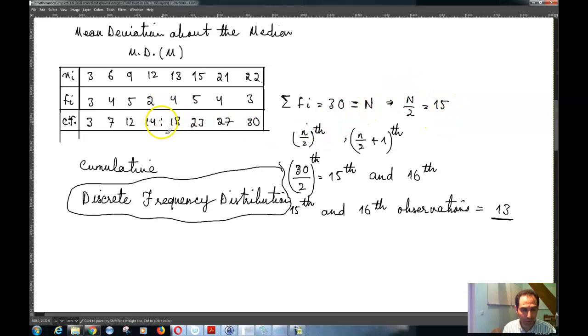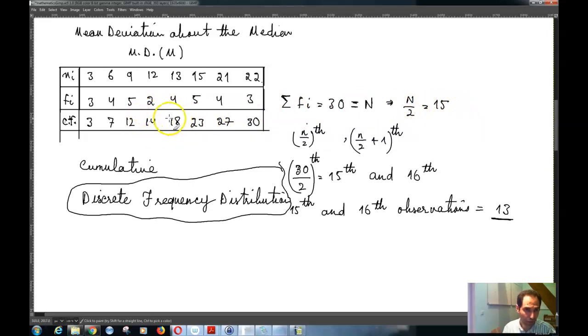So now the cumulative frequency, if I go for this column over here, you can see that it is 14.